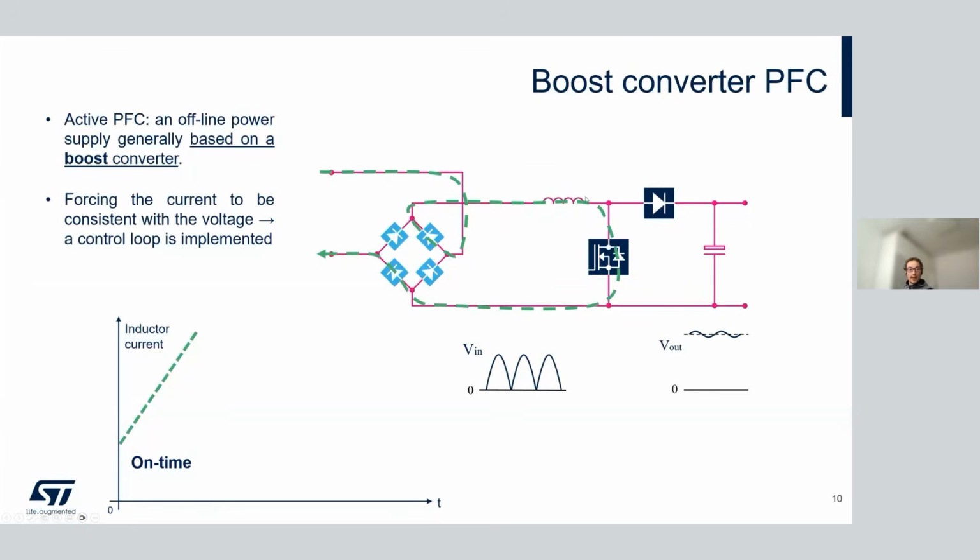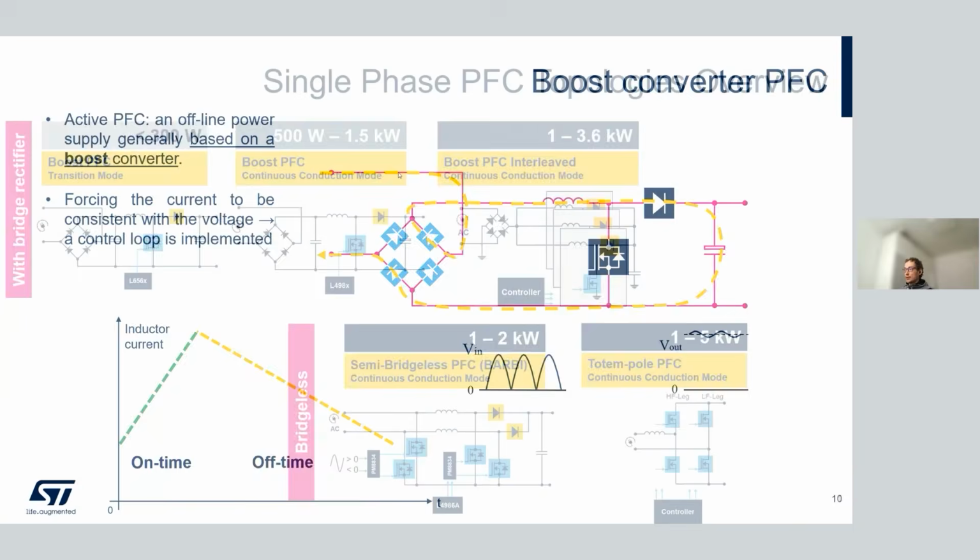So it tries to find the way through the diode and discharge to the output capacitor. And we can observe that the input current is falling down. And by proper modulation, you try to modulate the sinusoidal waveform at the input of the converter.